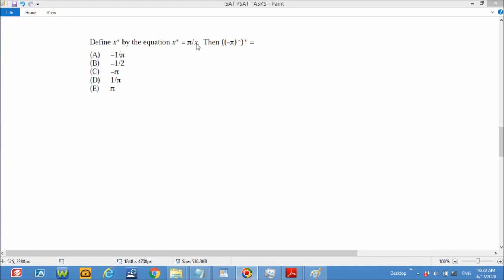on the argument. So the question is, what will it be if we execute the star twice, in case the argument is minus p, and the answers as usual. We will solve this task in two ways. As usual, I will take the data that we should concentrate on.